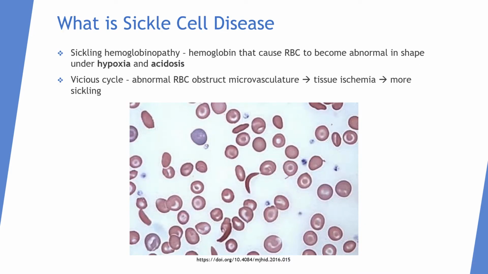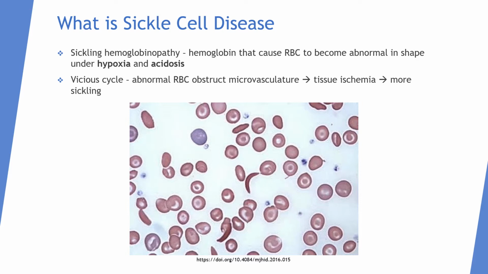Sickle cell disease is caused by sickling hemoglobinopathy. This is an abnormality in the hemoglobin that causes RBCs to become very abnormal in shape, resembling a sickle. As you can see in the picture below, there are cells that are shaped like a banana.